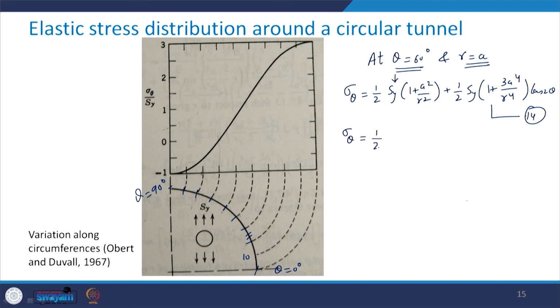This is going to be Sy multiplied by 2, plus half Sy multiplied by 4, and you will have cos of 120 degree. We know that cos 120 degree is minus half. So, this is going to give me sigma theta equal to 0. This is Sy and this will become minus Sy, so they will get cancelled out.